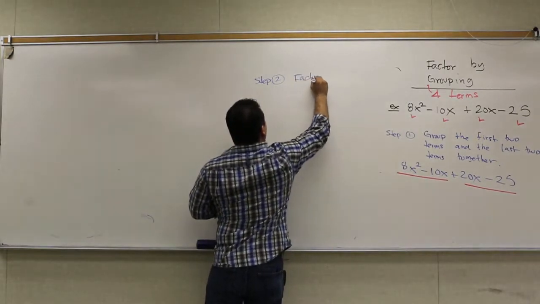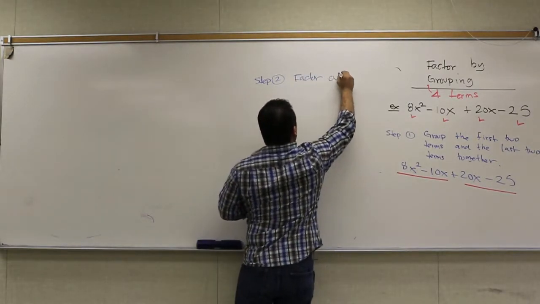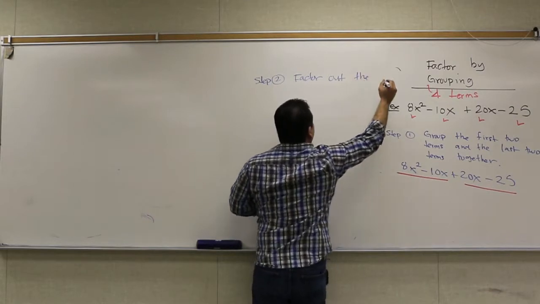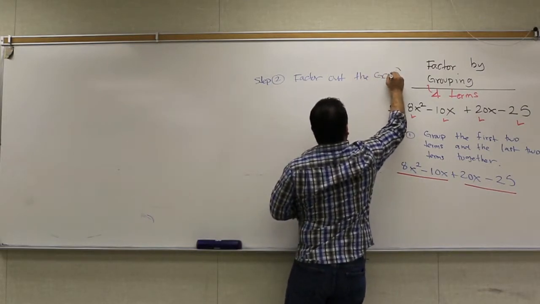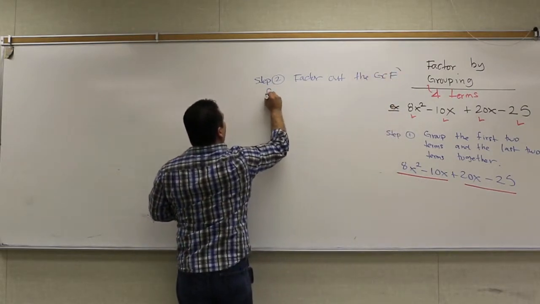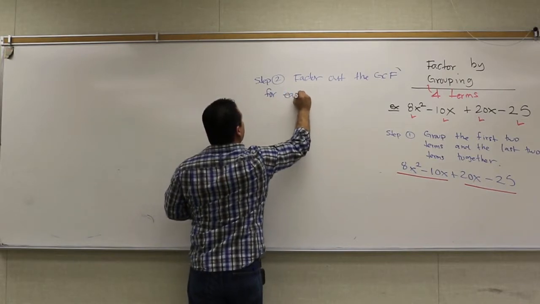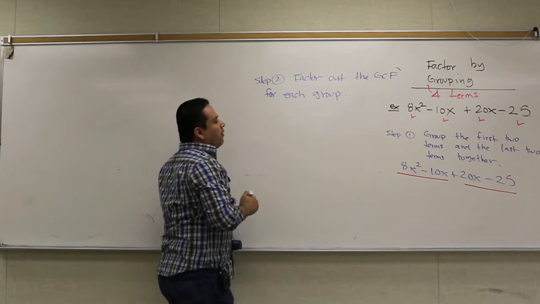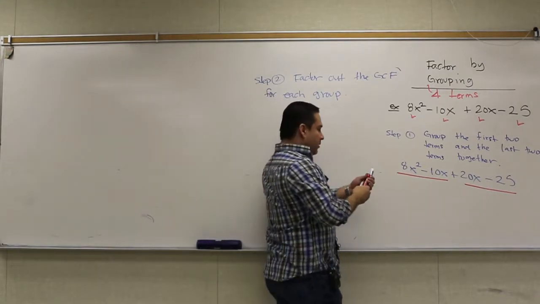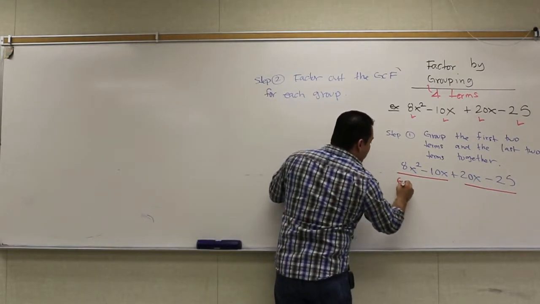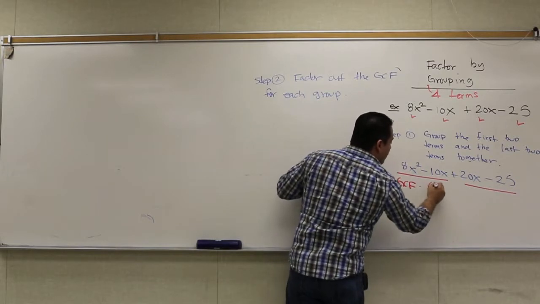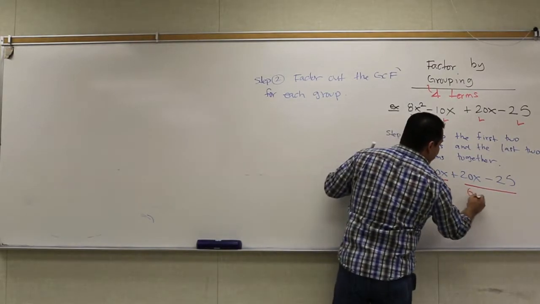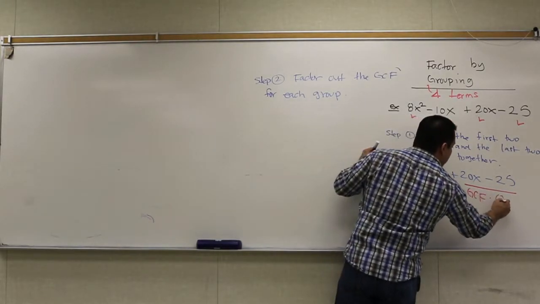Factor each group, or I can say factor out the greatest common factor for each what? Group. Good. In other words, here, you got to write this one as a what? Greatest common factor times a quotient. You write this one as a greatest common factor times a what?